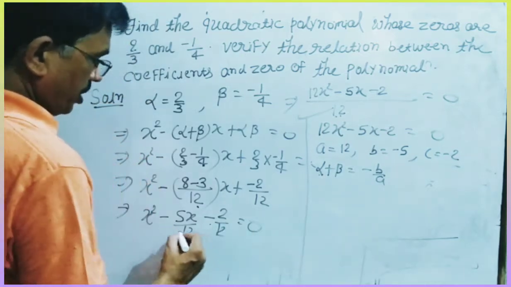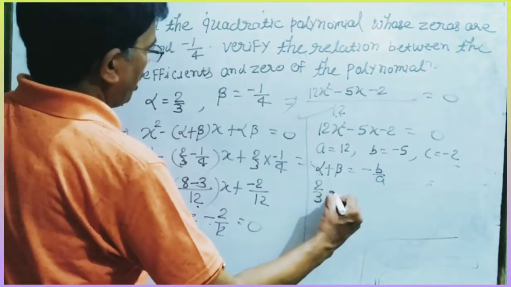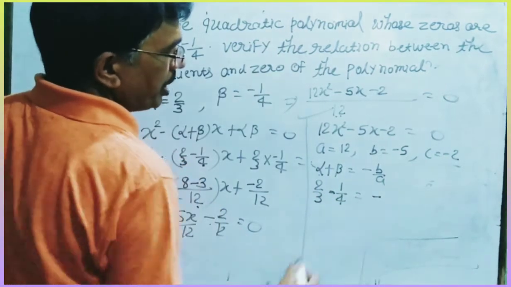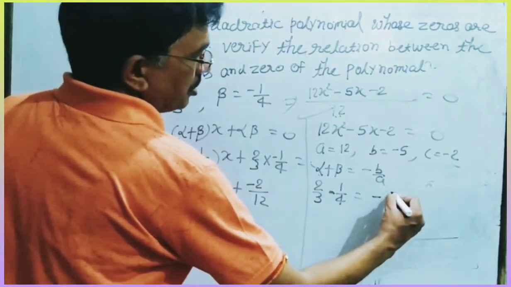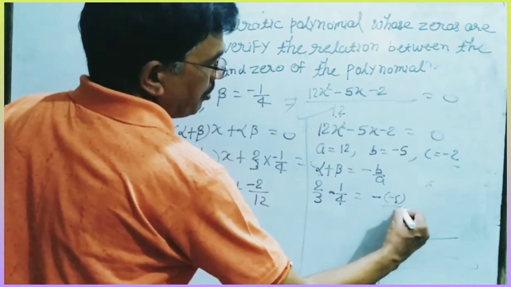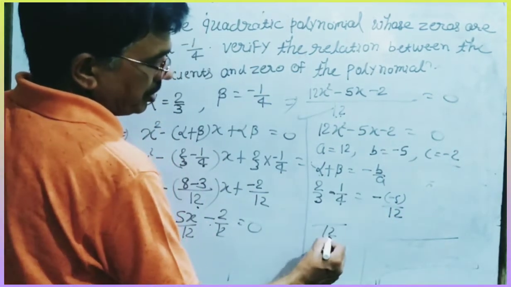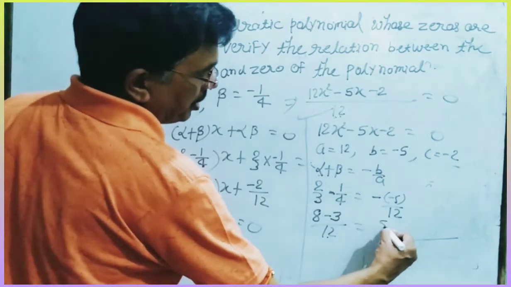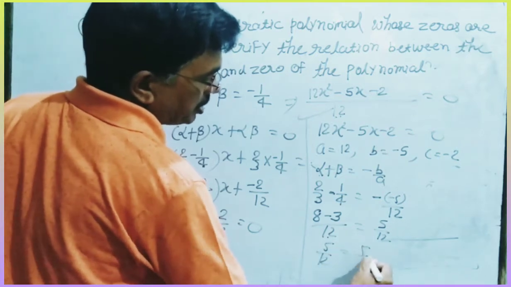Alpha is 2 by 3 and minus 1 by 4 is equal to minus 5 by 12. Here LCM 12: 3 fours are 12, 4 twos are 8, minus 3. It is 5 by 12. Then it is also 5 by 12.